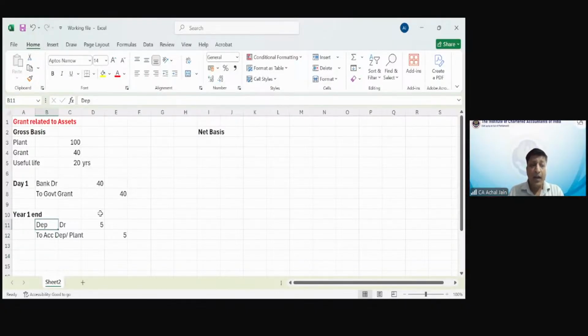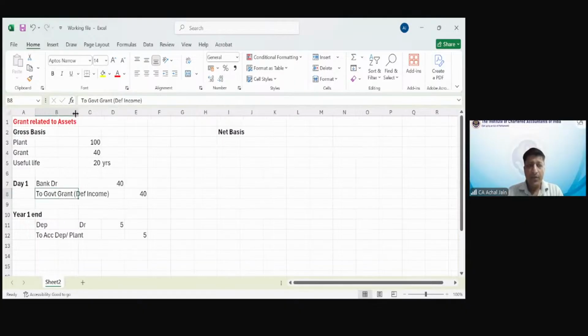This government grant which was received, this will be treated as deferred income. You can say it's a kind of liability. It will be treated as if it's a kind of liability. Okay? So in the balance sheet, it will be recorded as a liability. Yeah. So now this will have to be amortized over the life of the asset.